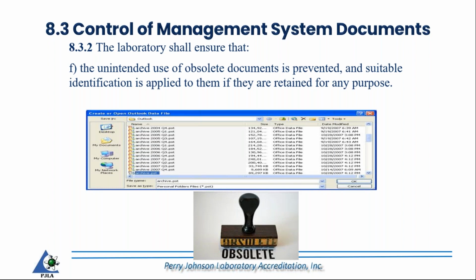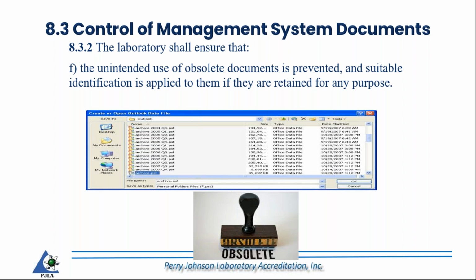If you're using paper copies, and perhaps you still may have a couple of old external documents around for whatever reason, for reference or to see what was in place 4 or 5 years ago, they should be marked for reference only, or perhaps just stamped obsolete.